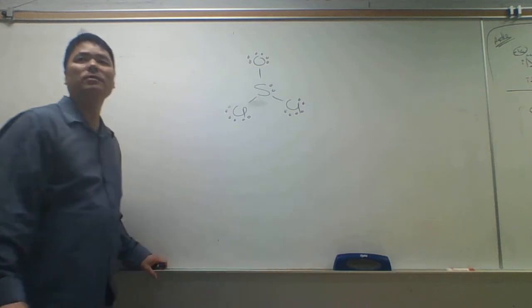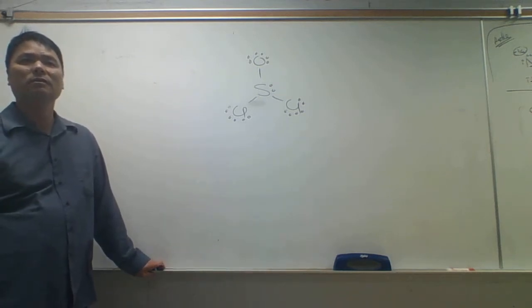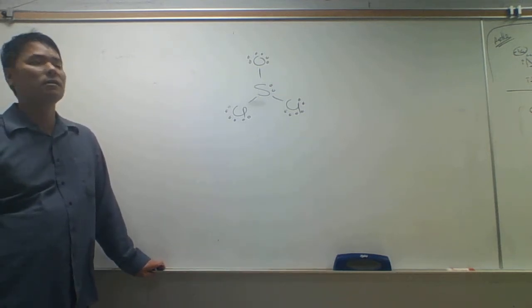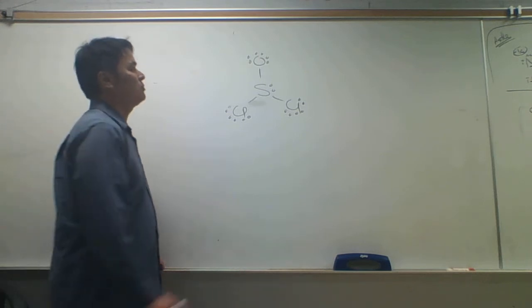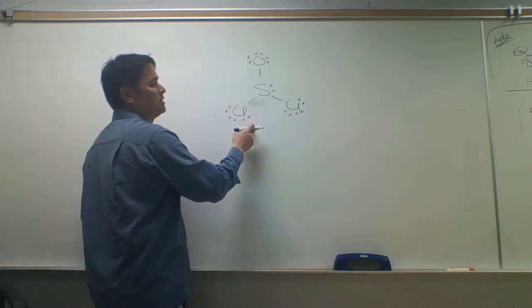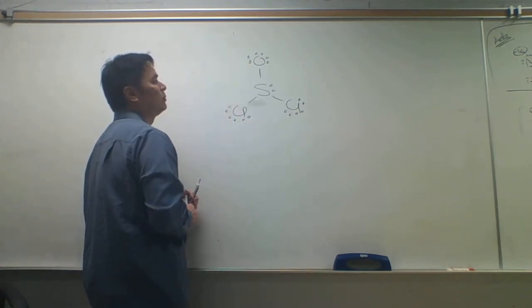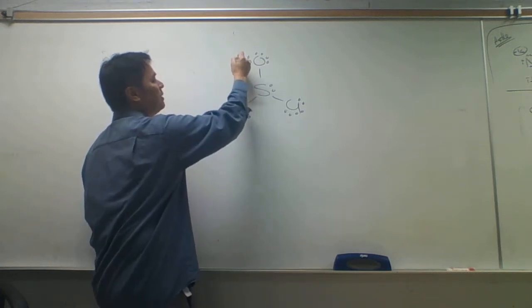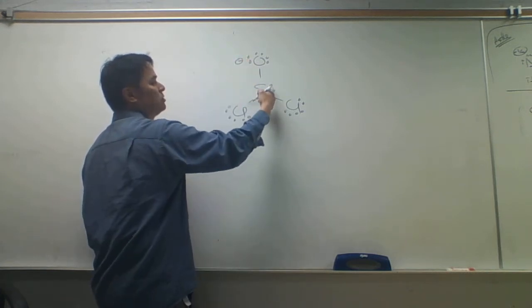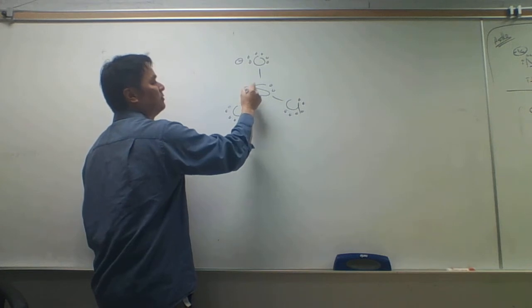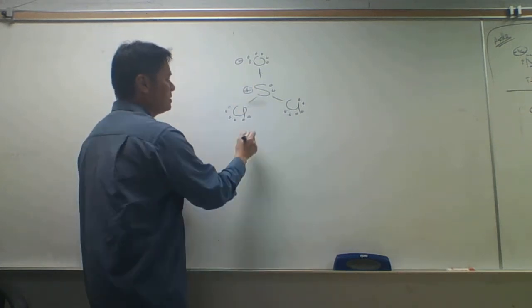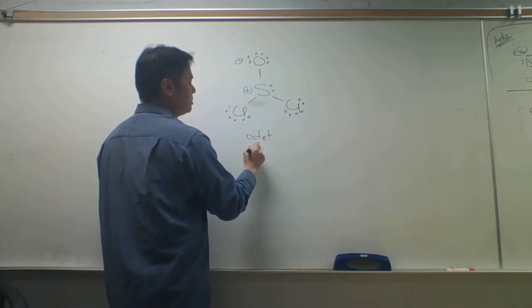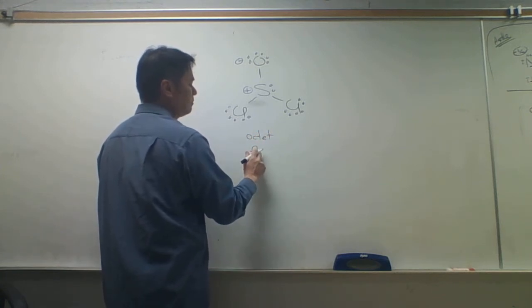Is that what you come up with for SOCl2? Something like that? This one is good because this has octets, except it's bad because of the formal charges. The formal charge on oxygen is minus. The formal charge on sulfur is 2, 3, 4, 5, is positive.